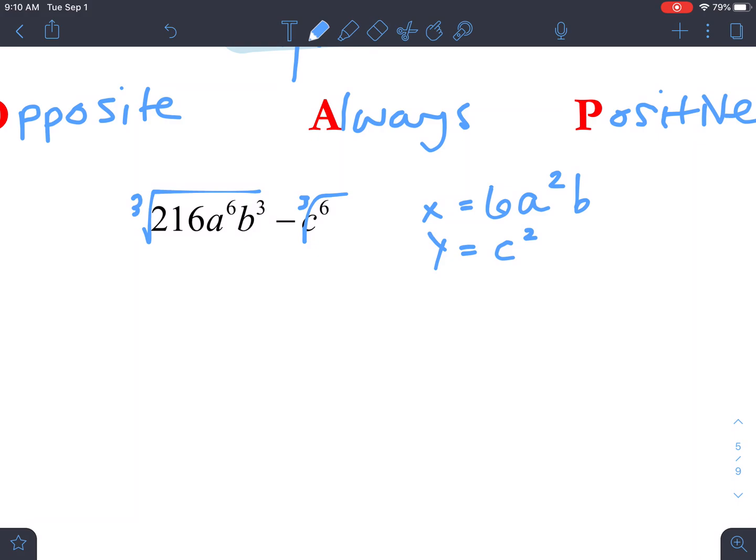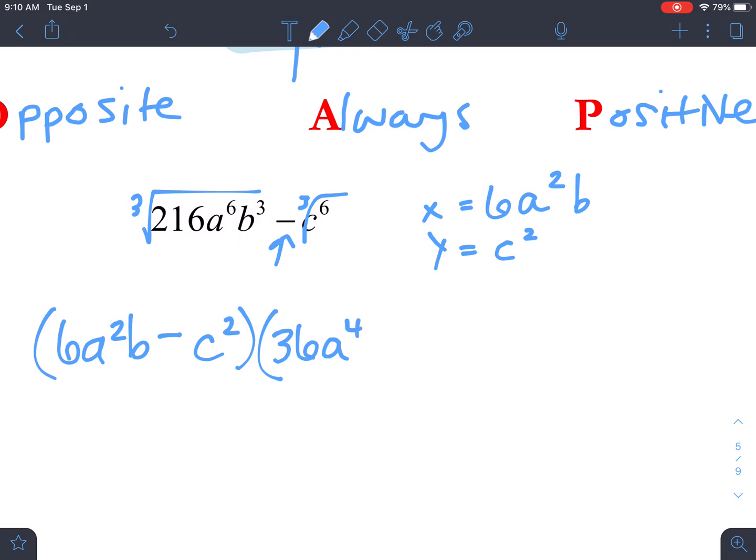Let's plug them in. So again, you do the first cube root, same sign, so minus c squared, times the first term squared, which would be 36 a to the 4th b squared. Again, I'm doing this squared.